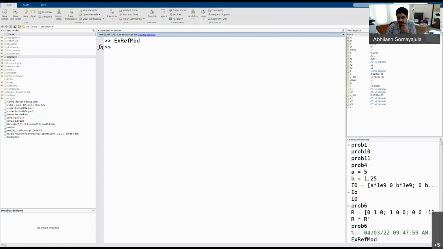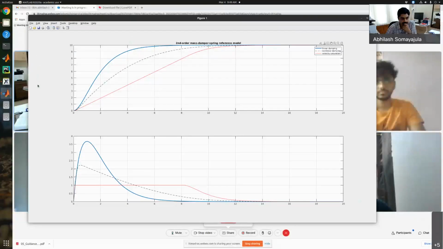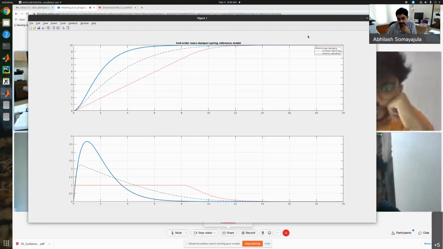Are you able to read the legend on this? Possibly not, maybe, right? I think I have to share my screen, not an application. Are you able to read this legend? Yes, or is it too small? A little small. Okay, if it's a little small, we'll make it bigger.